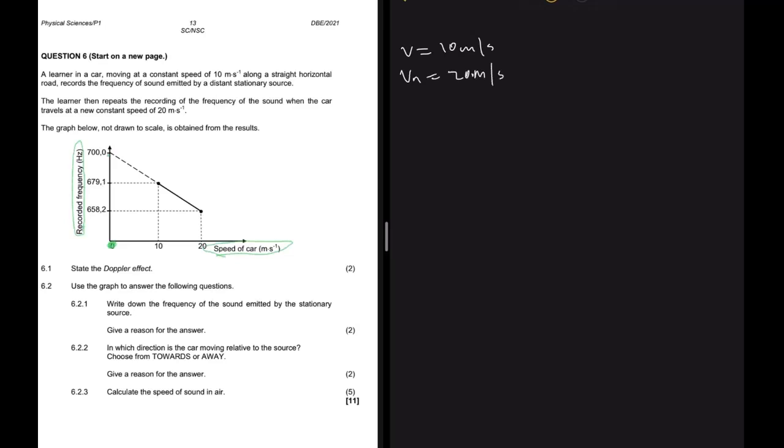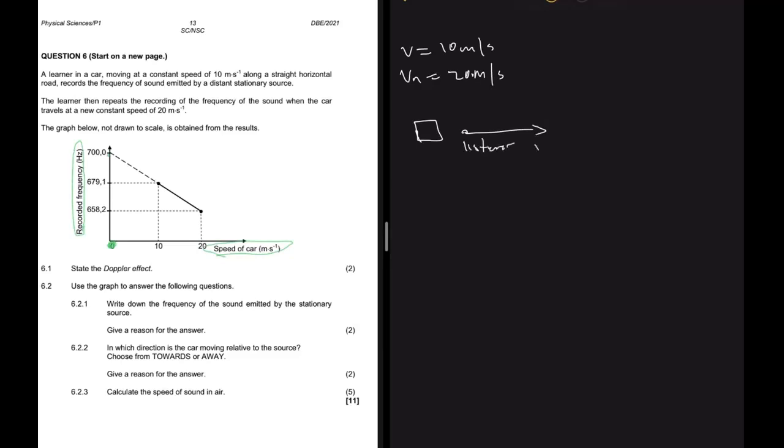The graph below, not drawn to scale, is obtained from the results. On the y-axis we have the recorded frequency, and on the x-axis the speed of the car. Let me sketch what is going on. This question says the sound source is stationary. What is moving away is the listener.